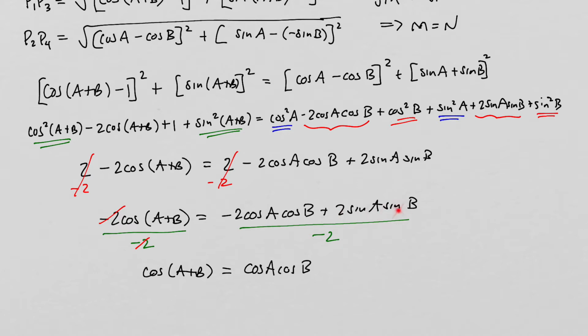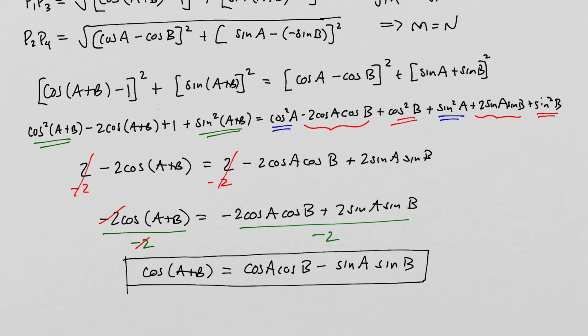And then for the second term, the positive 2 divided by the negative 2 gives us a negative 1 here. So we get minus sine of a, sine of b. And this gives us our first difference formula, or actually it's a sum formula for cosine.